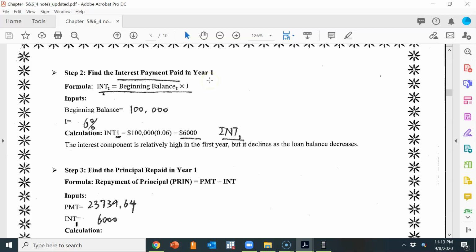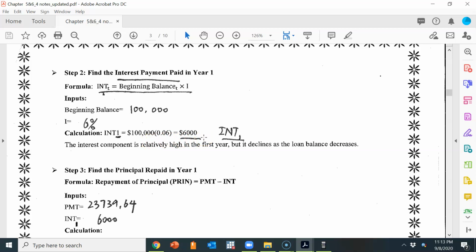For the first year, we know the beginning balance is at time 0, and that's going to be the original 100,000 loan. And we're going to multiply that by the interest rate of 6%. So we know the interest in the first year, INT1, equals 100,000 multiplied by 6%, which is 6,000.